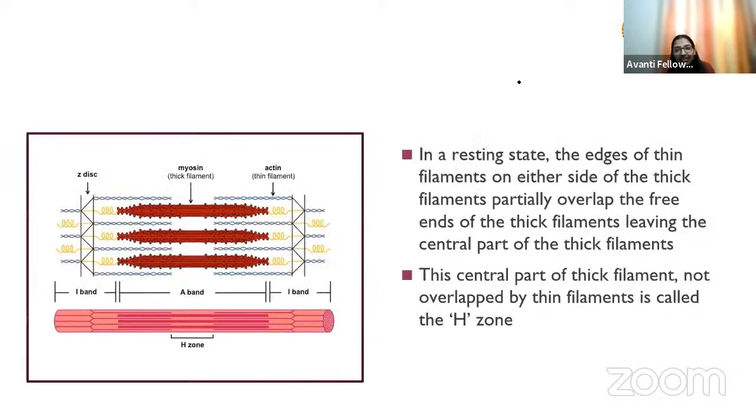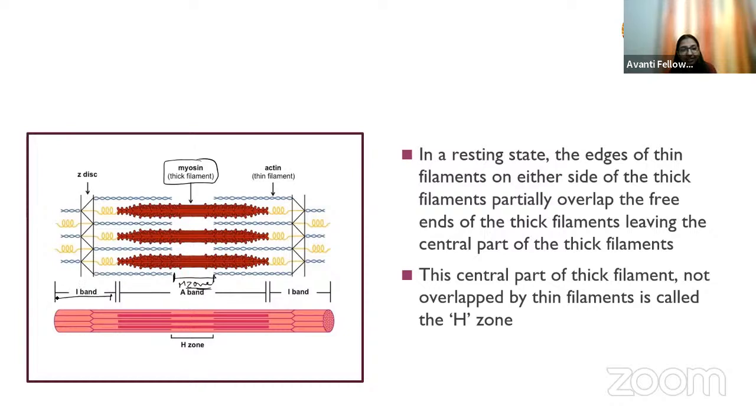In the resting stage, when the muscle is in a relaxed state, the edges of the actin filament partially overlap the free ends of the thick filament. The portion of the thick filament which is exposed is known as the H zone.